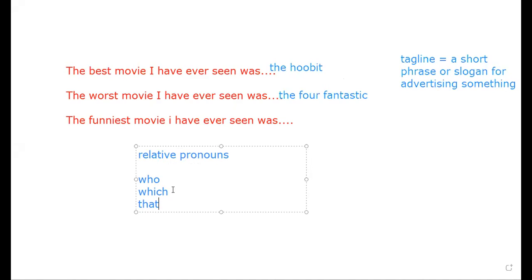These relative pronouns are in place of the noun. This who, which, that, they work in place of the noun that they are giving extra information about.